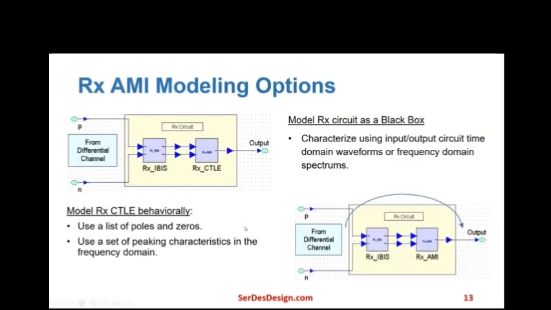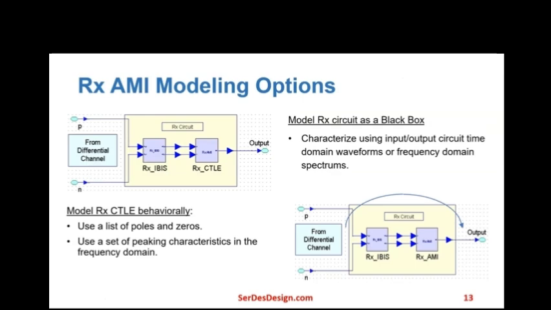We're now ready to discuss the Rx AMI modeling options. There are two types of modeling approaches that are provided. One approach models the Rx circuit CTLE behaviorally with poles and zeros. Any number of CTLE states are allowed. The CTLE states can be defined with a list of poles and zeros or with peaking characteristics defined in the frequency domain.